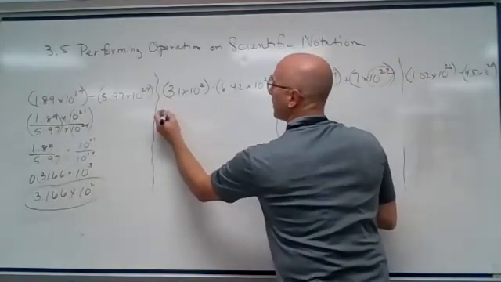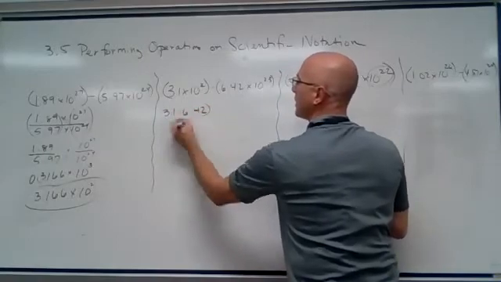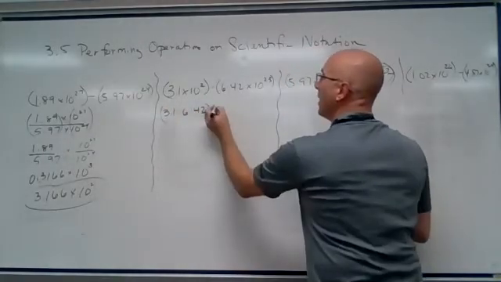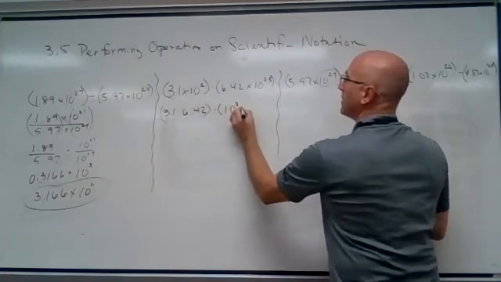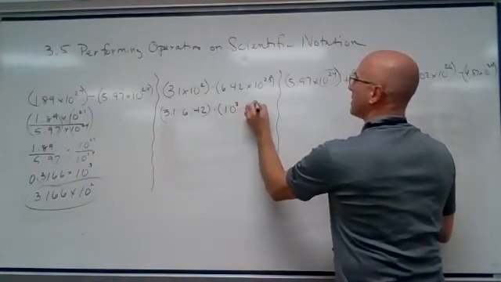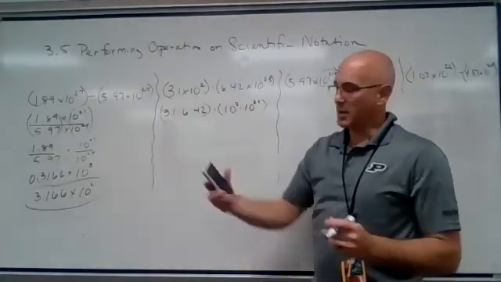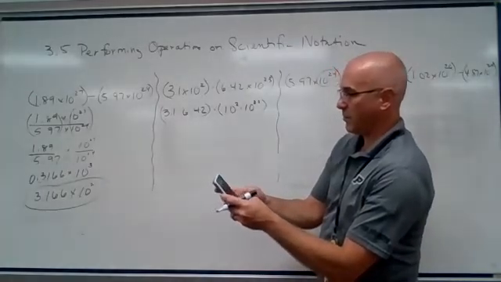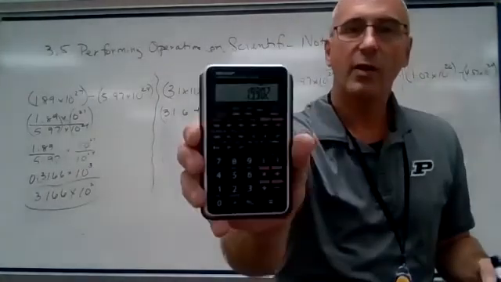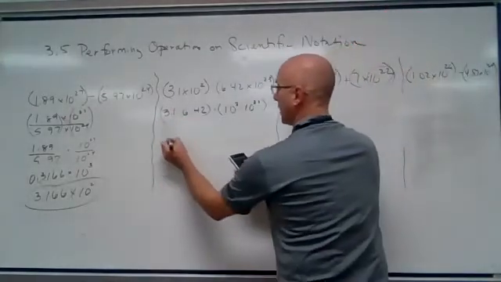So we can multiply 3.1 times 6.42 together, and we can multiply that by grouping 10 to the 2nd and 10 to the 23rd power. Let's do this on the trusty calculator. 3.1 times 6.42, and we get that number. That's not too bad of a decimal. Let's just keep it just like it is.